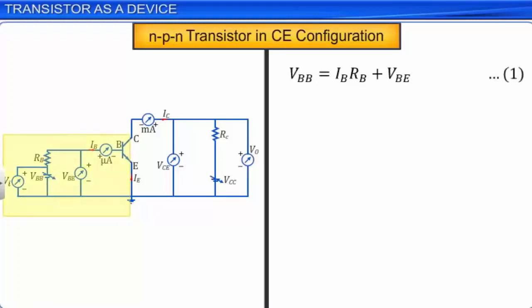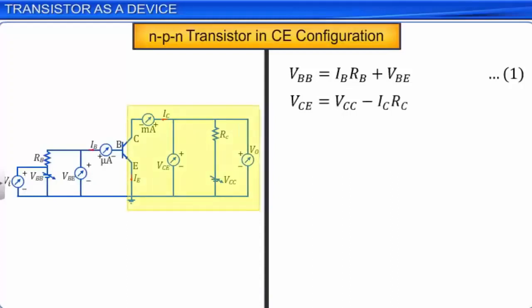And on applying Kirchhoff's voltage rule to the output of the circuit, we get VCE is equal to VCC minus IC into RC. Let this be equation 2. Here the input voltage VBB is represented with VI and the output voltage VCE is represented with VO.